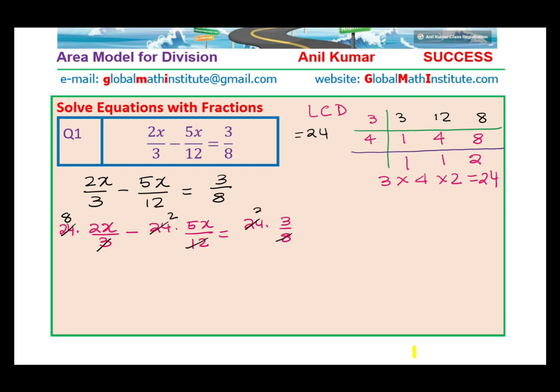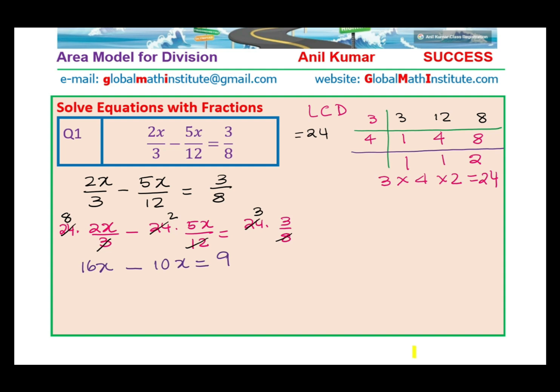goes 3 times, right? So we can now multiply 8 with 2x and rewrite the term which will be 16x minus 2 times 5 is 10x equals to 3 times 3 as 9. You get the idea. So we get 16x minus 10x equals to 9.